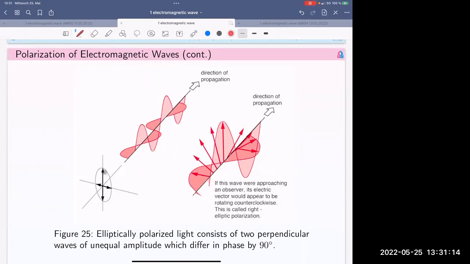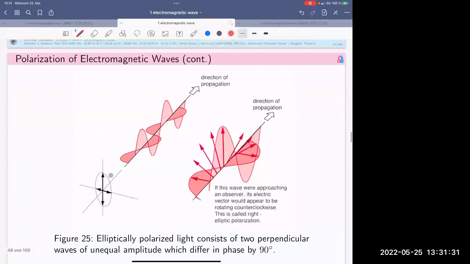Finally, it's going to bring us the oval shape or elliptic shape.